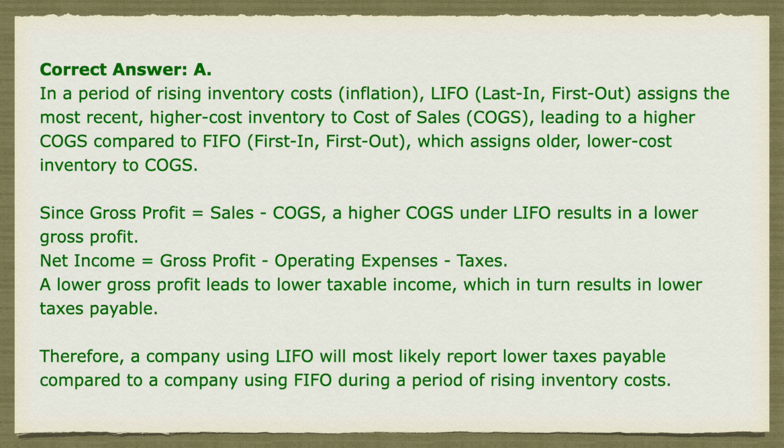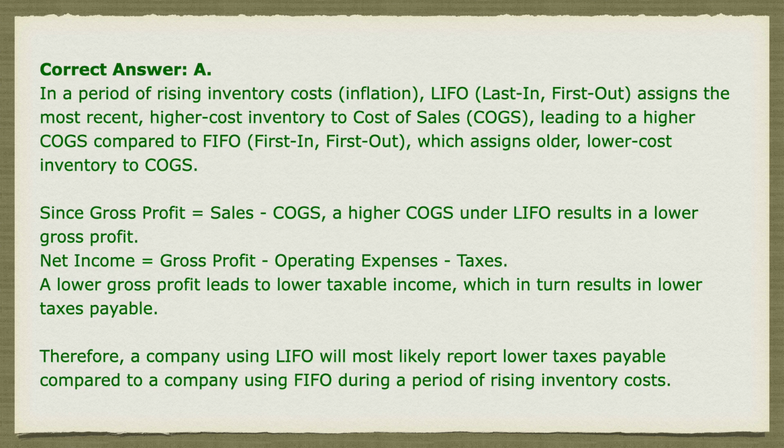Correct answer, A. In a period of rising inventory costs, inflation, LIFO, last in, first out, assigns the most recent higher cost inventory to cost of sales, COGS, leading to a higher COGS compared to FIFO, first in, first out, which assigns older, lower cost inventory to COGS. Since gross profit equals sales minus COGS, a higher COGS under LIFO results in a lower gross profit.